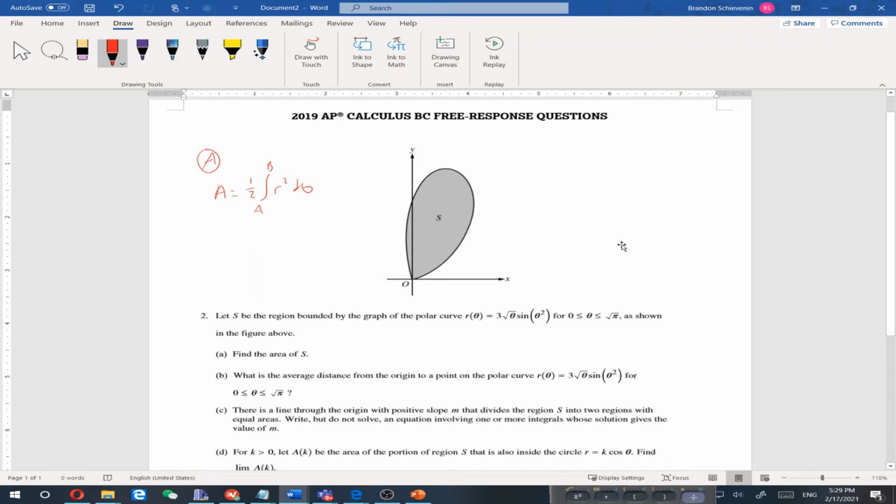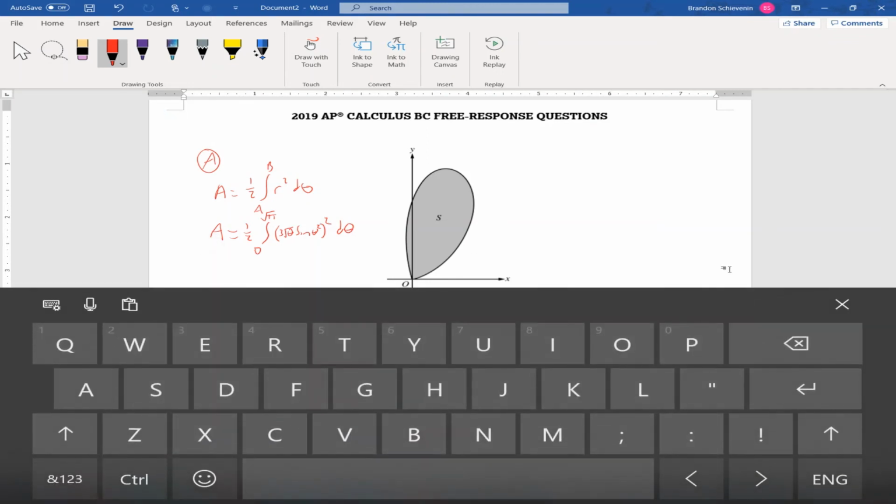So that should be good. From 0 to root pi of 3 root theta sine theta squared, squared in terms of theta. Okay, we'll type that into a calculator and get our area.